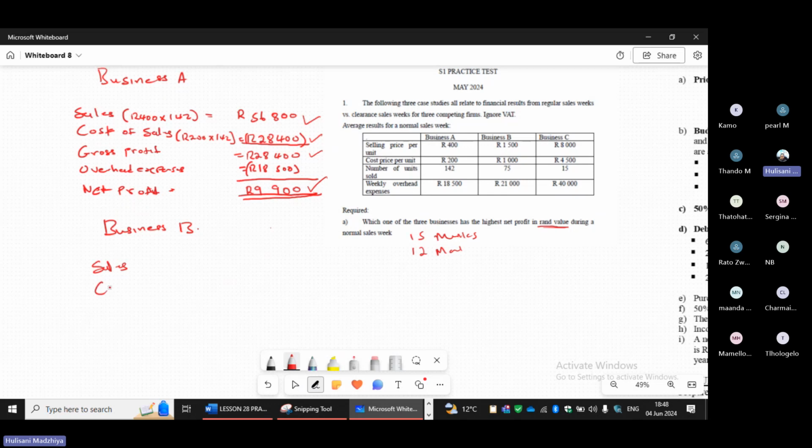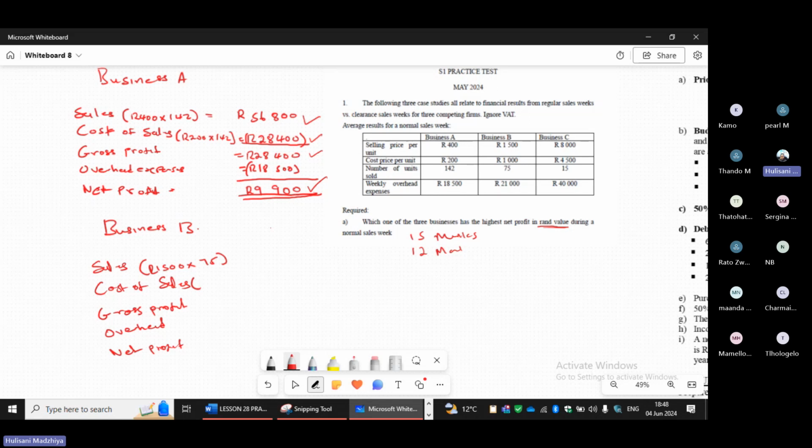So sales, cost of sales, gross profit, overhead expense, and net profit. So for sales, it's going to be 1,500 multiplied by 75 units sold.